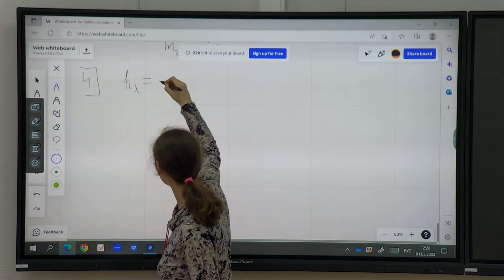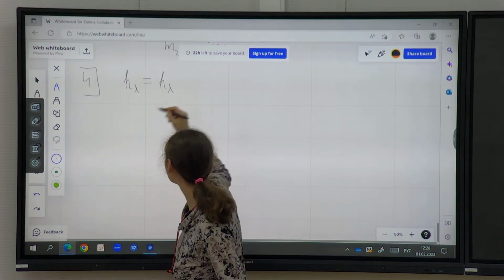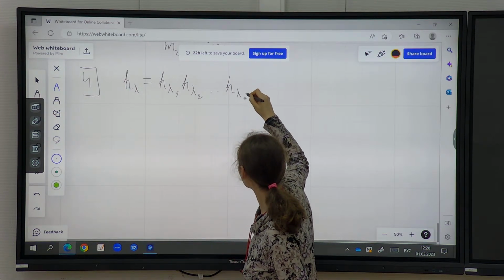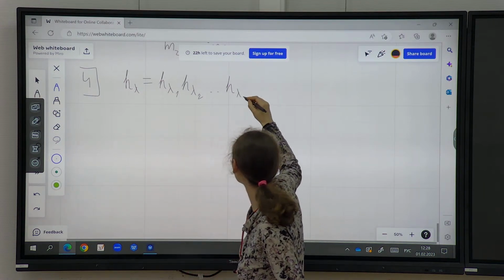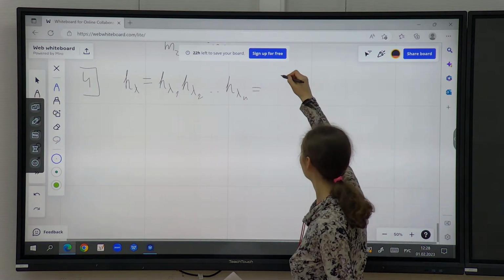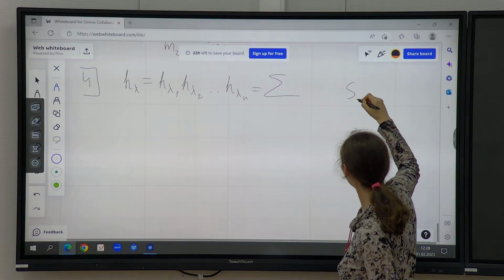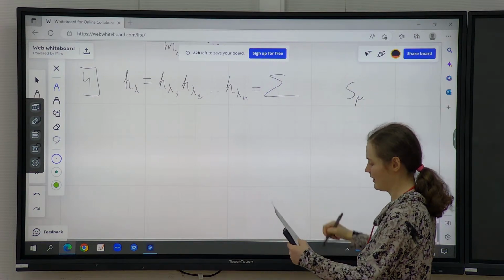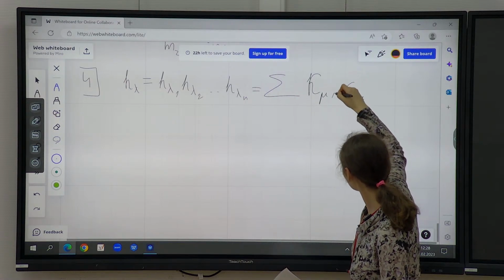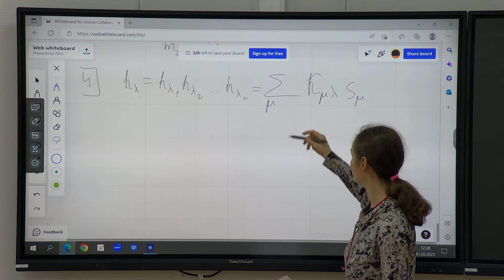So H lambda, which is the product of h's, h lambda 1 up to h lambda n, is the sum of Schur polynomials with Kostka numbers as coefficients over all partitions.